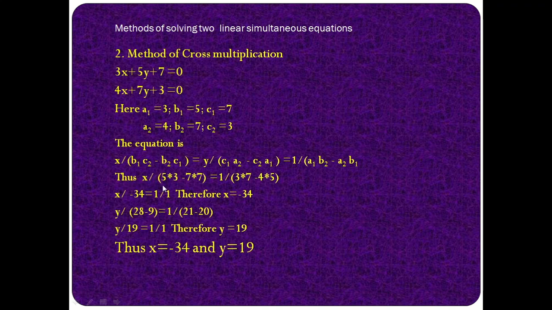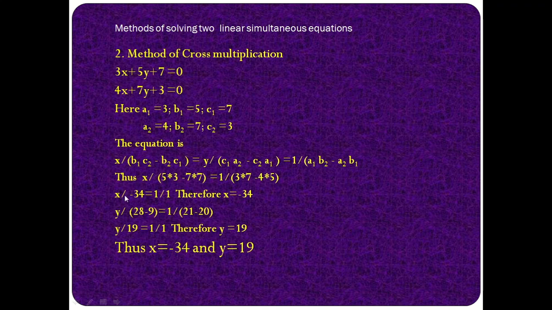Thus x divided by b1 is 5, 5 into c2, c2 is 3, 5 into 3 minus c2 b1, 7 into 7 is equal to this value, 1 divided by a1 b2, a1 is 3, b2 is 7, 3 into 7 minus a2 b1, a2 is 4, 4 into 5.